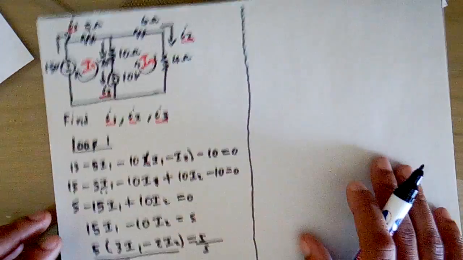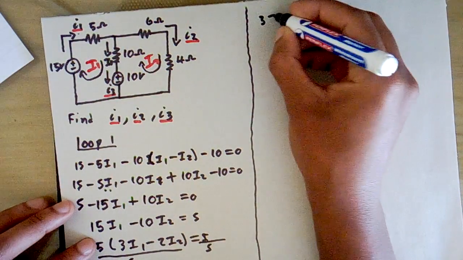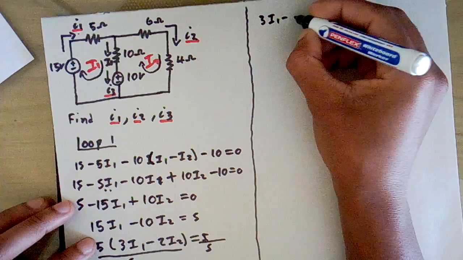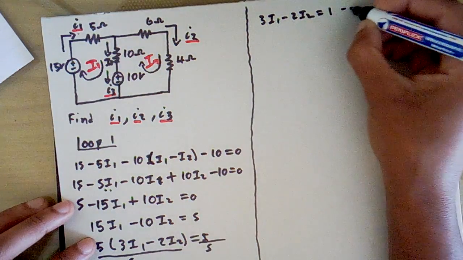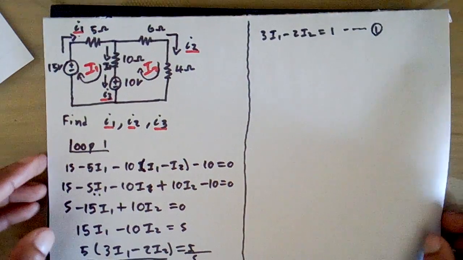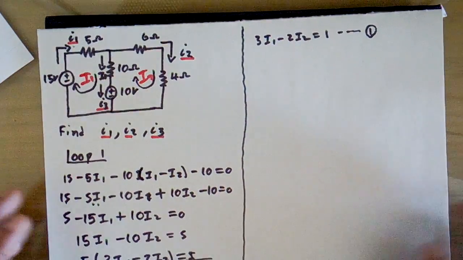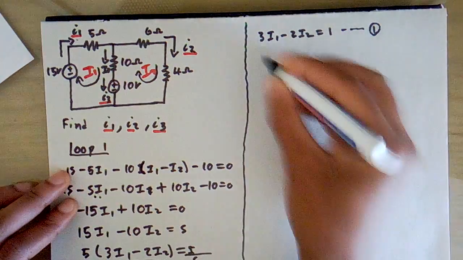So now our equation will be 3 I1 minus 2 I2 equals 1. This is our equation 1 now. Okay, so now let's find the equation 2 for loop 2.